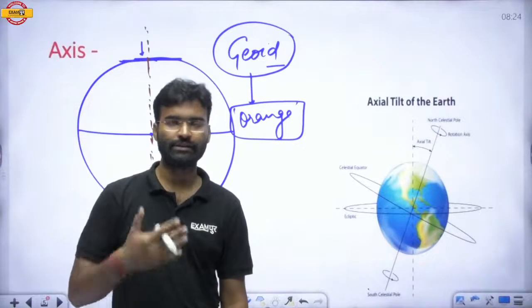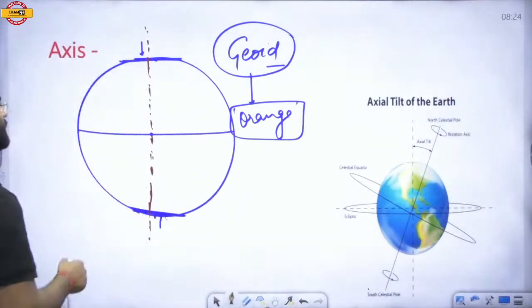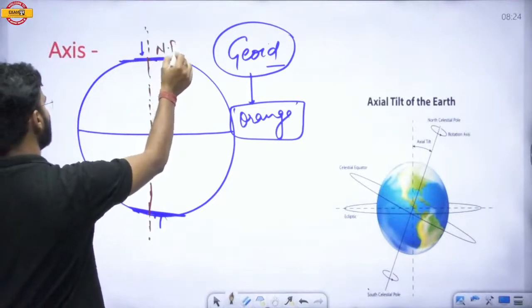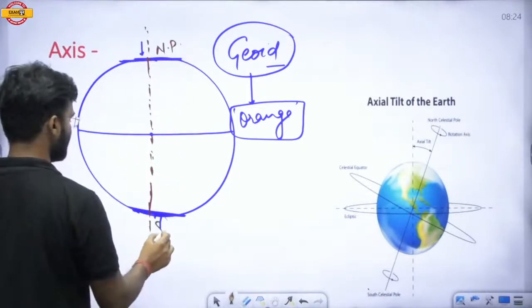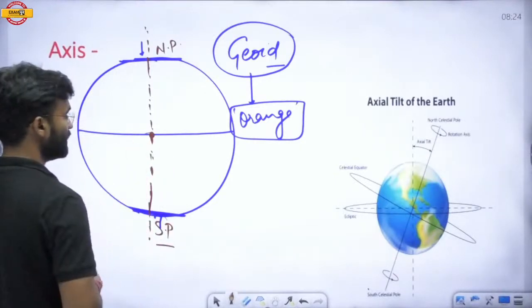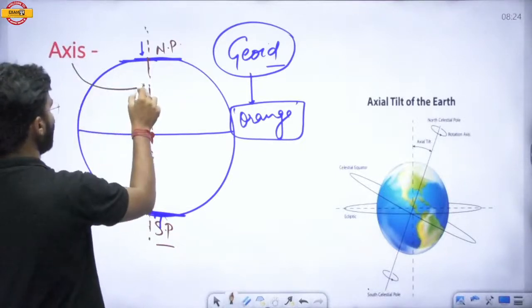So Earth's axis is an imaginary line which joins the Earth's northern pole, the northern point of the Earth, and the southern pole, the southern point of the Earth, through the center of the Earth. This imaginary line is called the axis.